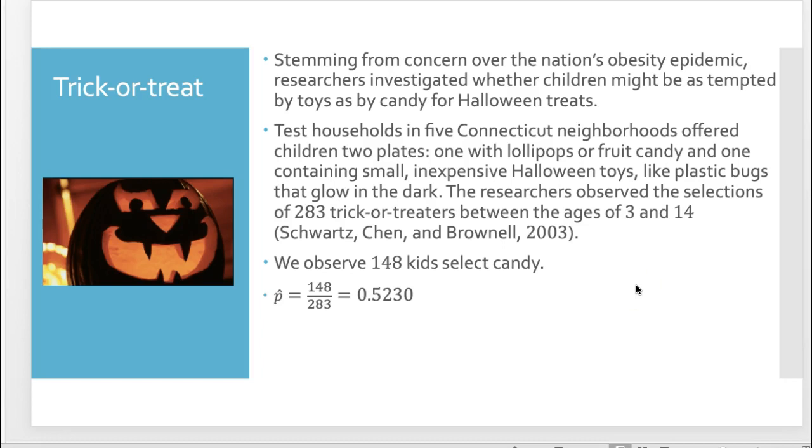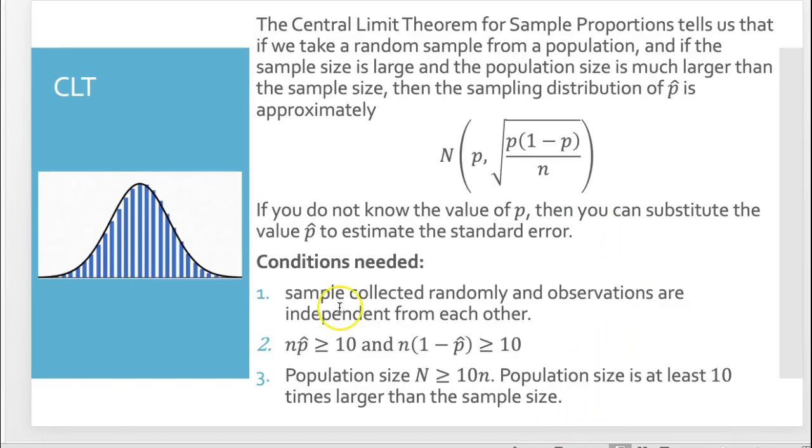And it's just saying the conditions needed to make that work: the sample is collected randomly and observations are independent from each other. If we look at the product between the number of trials and the sample proportion, it should be at least 10. And the number of trials times 1 minus the proportion should also be at least 10.